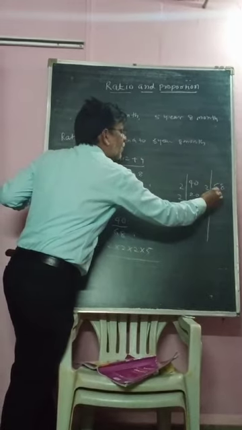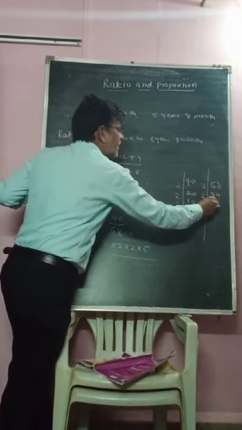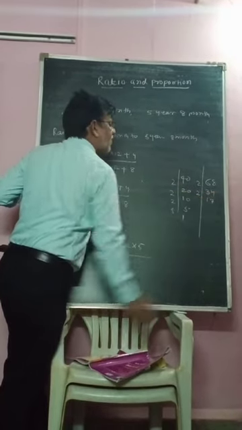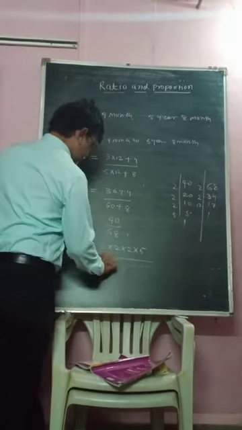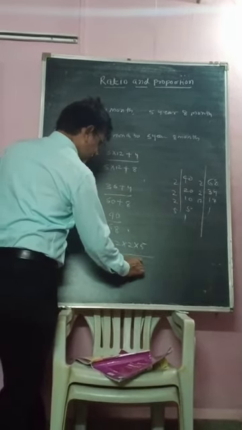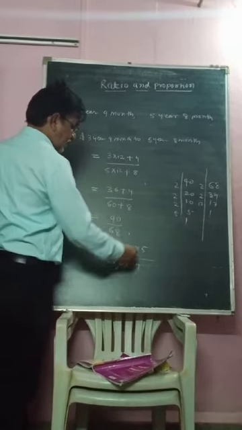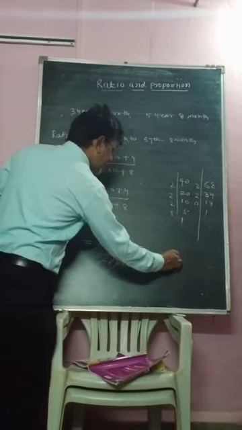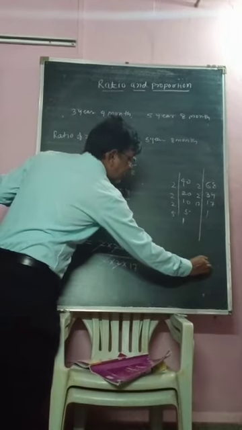See here, 2 3s are 6, 2 4s are 8, 2 1s are 2, 2 7s are 14. So 17 1s are 17. Means 2 into 2 into 17. Right? This 2 gets cancelled, this 2 and this 2 get cancelled. So you get 10 by 17. It means the ratio is 10 is to 17.